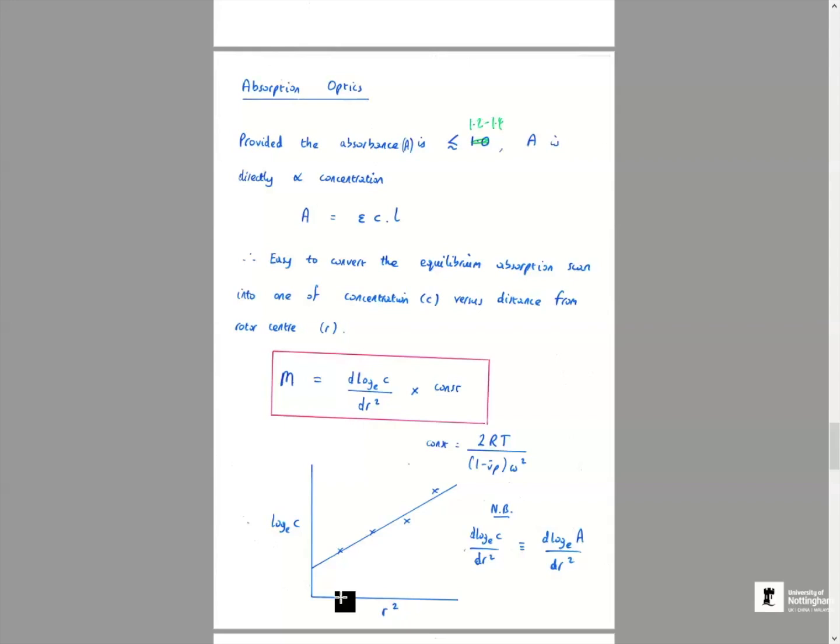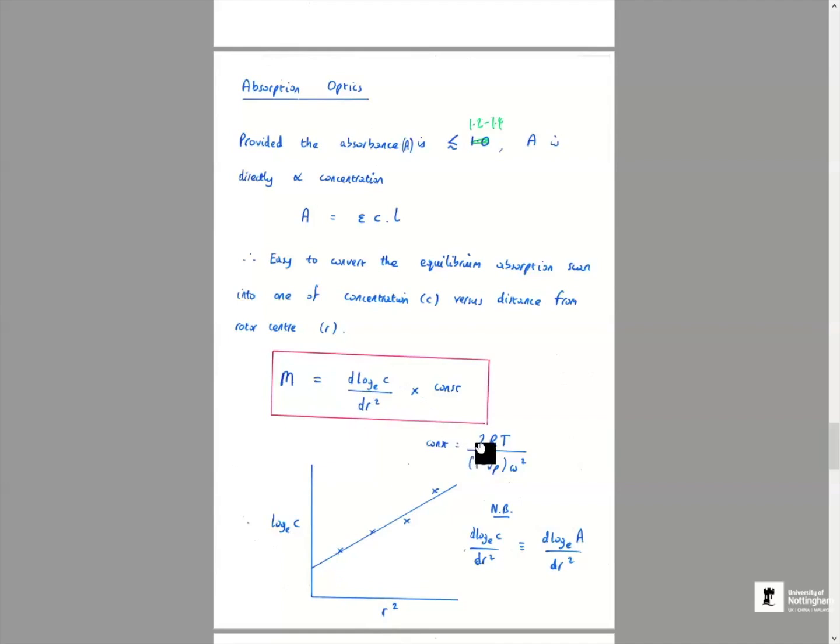Right, so the molecular weight is d log C / dr squared. What that means is d log_e C / dr squared is the slope of a plot of log concentration against distance squared. That's what that is there.